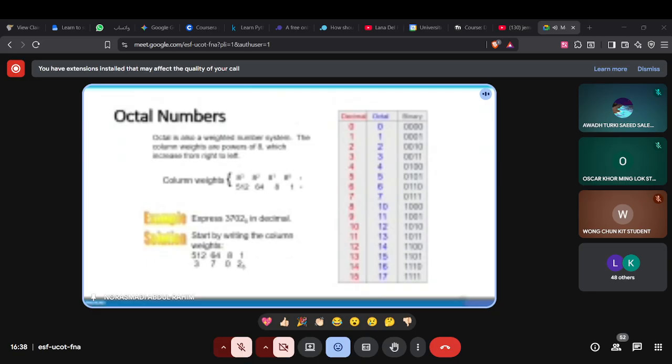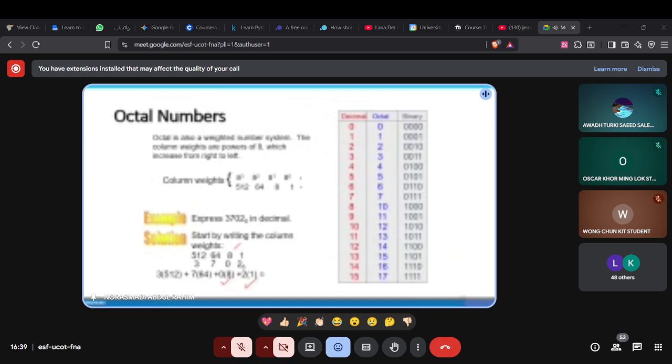Okay. 8 power of 0 is equal to 1, multiplied by 2. Then 8 power of 1 is equal to 8, multiplied by 0. So this one is multiplied by 0.